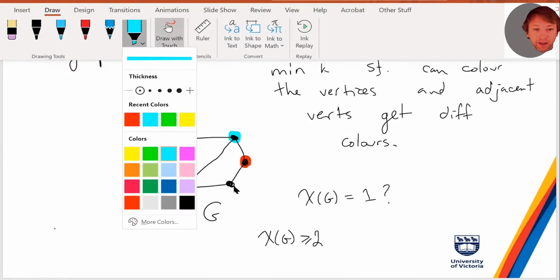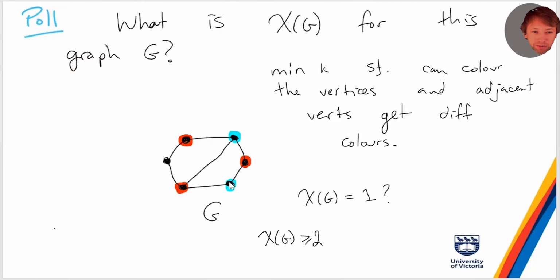And then I can make these ones blue, because all of their neighbors are red. And actually, if you look at it, this is a proper coloring, because all of the edges have different colors. So the existence of this coloring proves that the chromatic number is at most 2. Okay, so therefore, the chromatic number of this graph G is equal to 2.